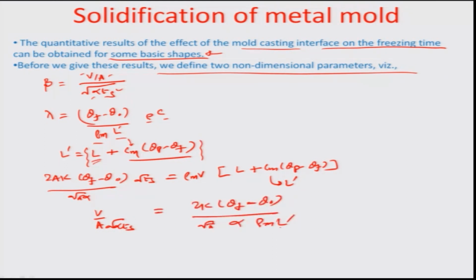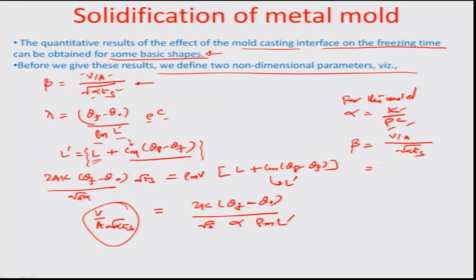So we know that for the mold, the thermal diffusivity alpha is K by rho C, where K is the thermal conductivity of the mold and rho and C are the density and the specific heat capacity of the mold. So therefore the beta value here can be recorded as V by A root of alpha Ts, which is the parameter beta that has been illustrated here, and the V by A value is nothing but this.